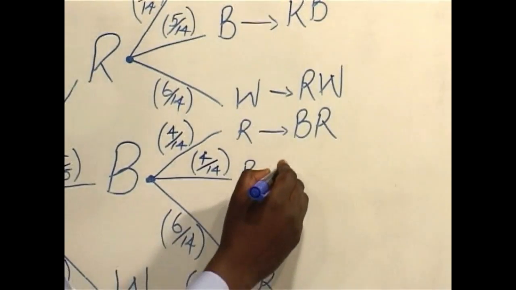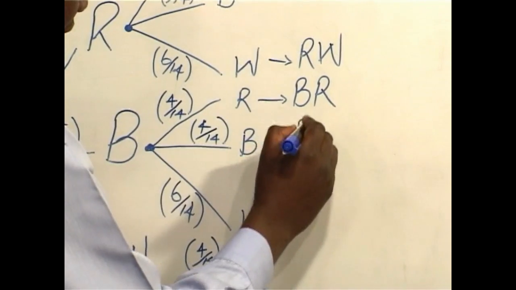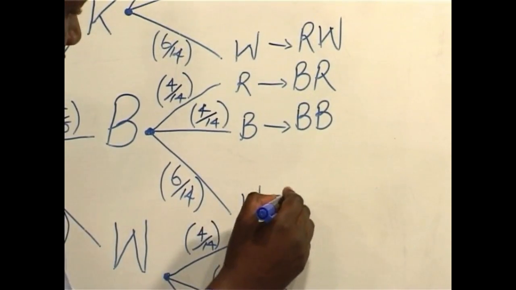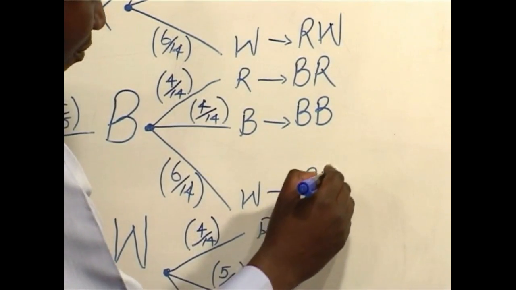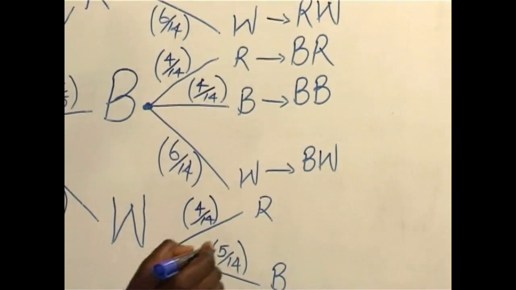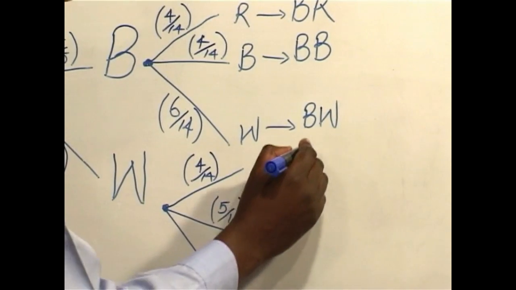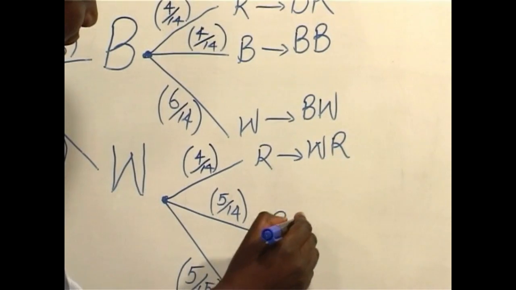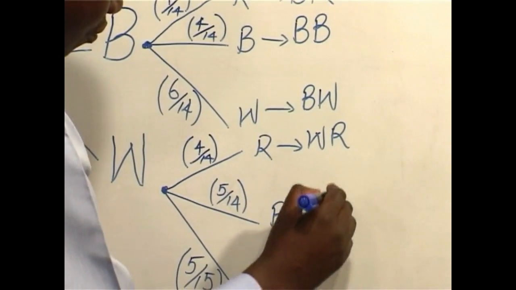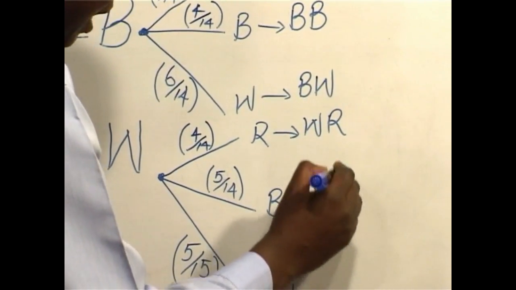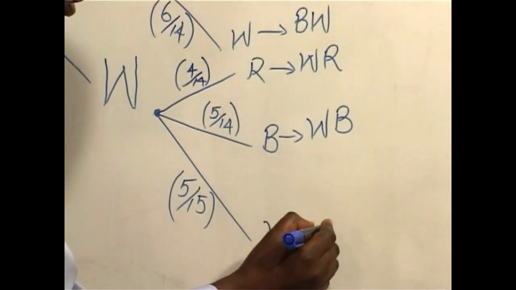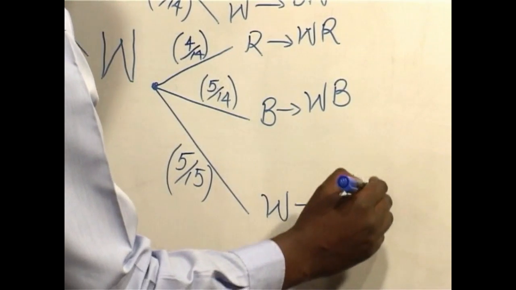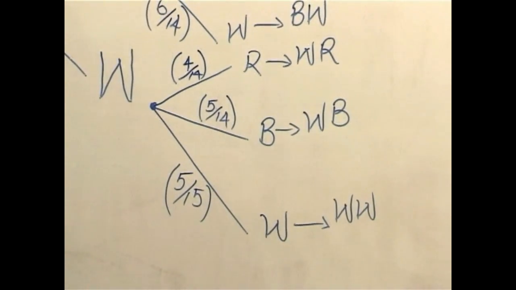And in this case, we have a combination of black followed by black. Then we have black followed by white. In this case, it is white followed by red. Then we have white followed by black. And finally, this is a combination of white followed by white.